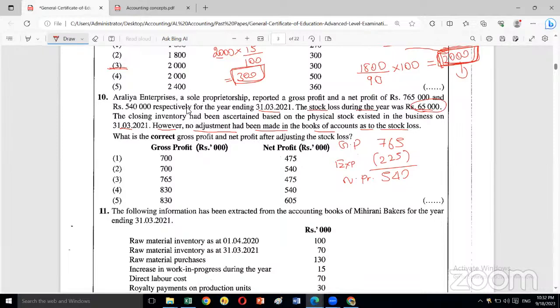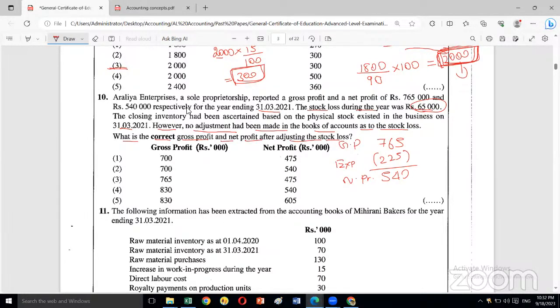So what is the double entry for this stock loss? Stock loss account debit, and which account credit? The purchase account credit. They are asking, what is the correct gross profit and net profit after adjusting the stock loss?